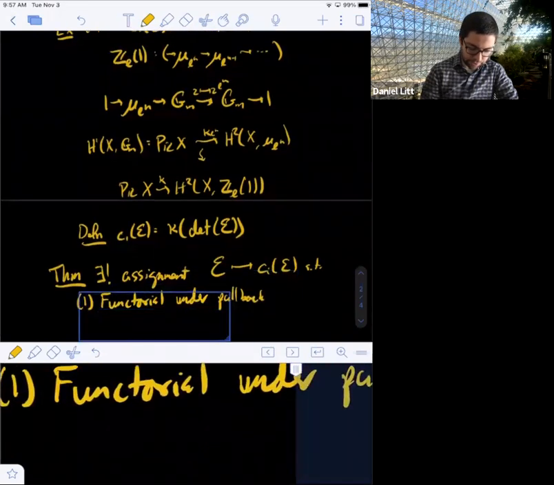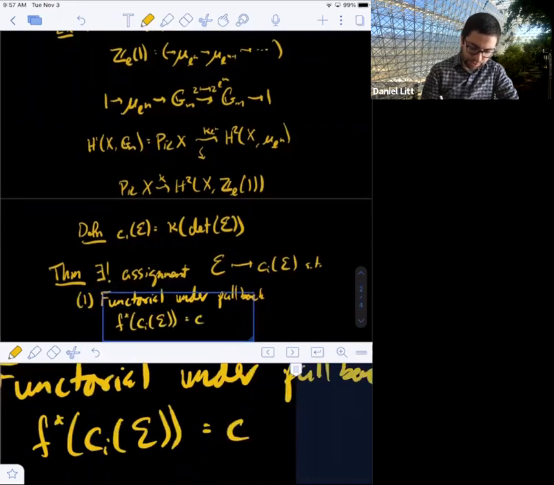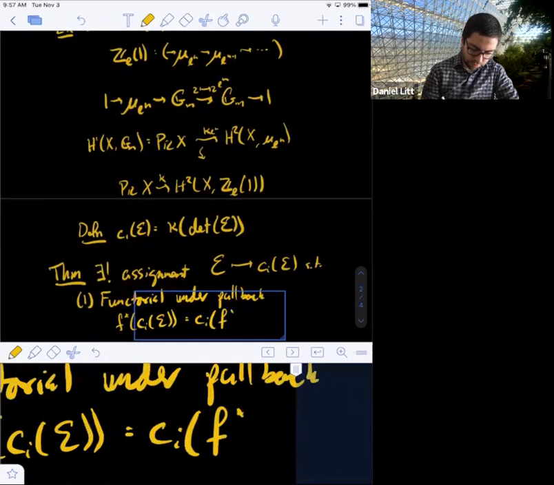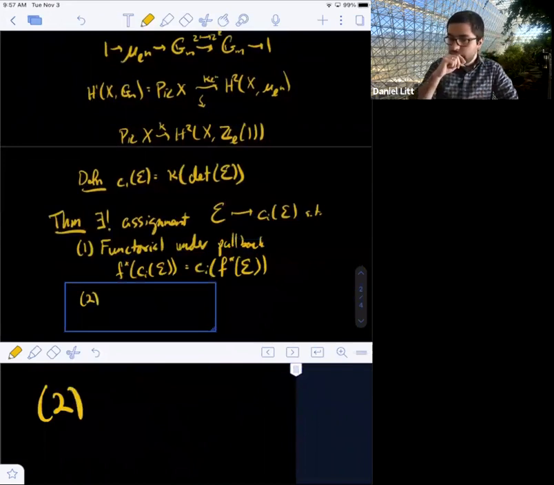What that means is that f star of c_i of E is the same as c_i of f star of E. Two, c_1 is defined as above.